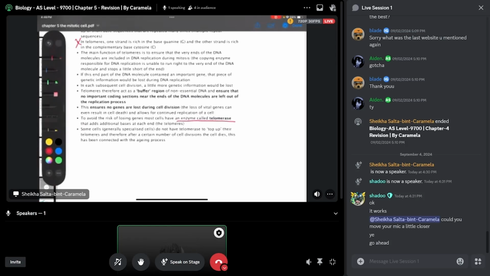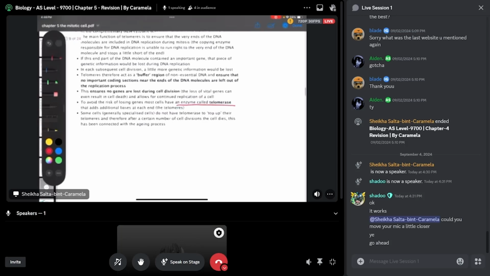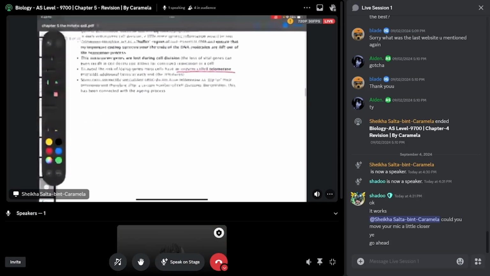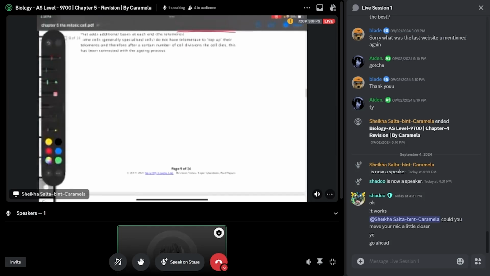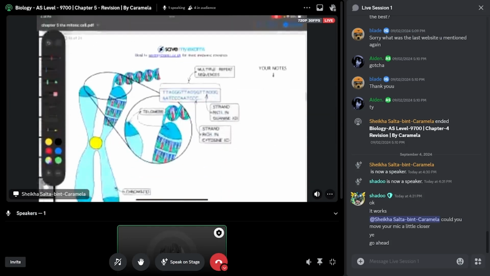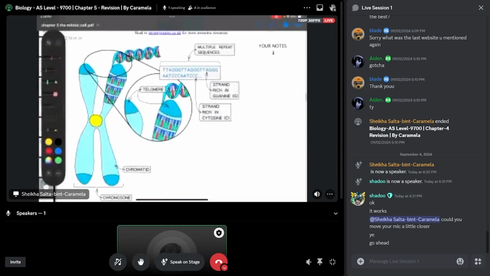Any cell which is like stem cells or cancer cells basically has this, so that they never die out. Cells dying is basically the aging process for us as well, so it contributes to that. You can see there they have shown the base sequences for your telomeres, and it is a condensed form of guanine.